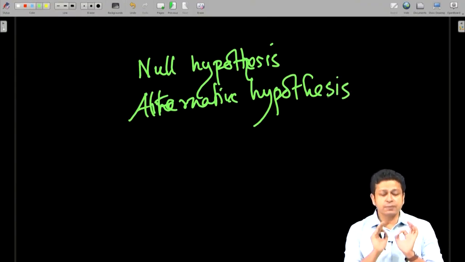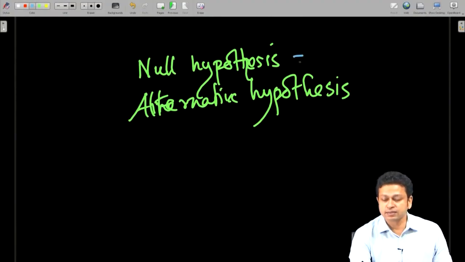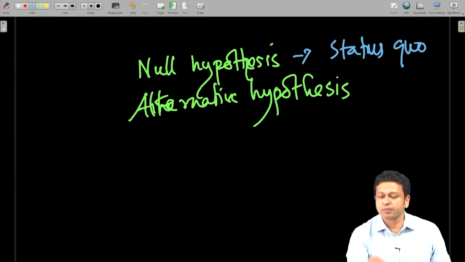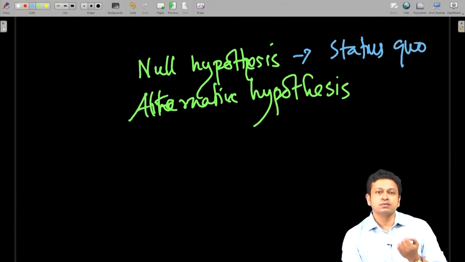Null hypothesis essentially maintains the status quo. What do I mean by maintaining status quo? It is like the law of motion, like the idea of inertia.